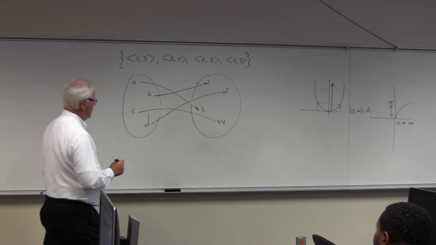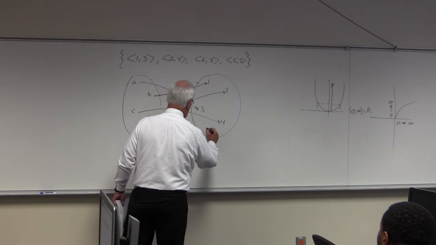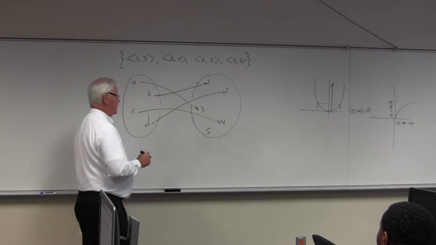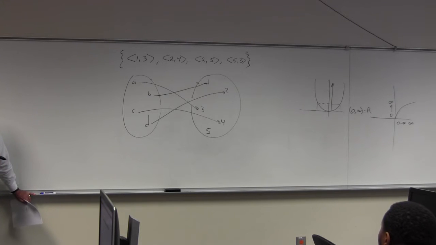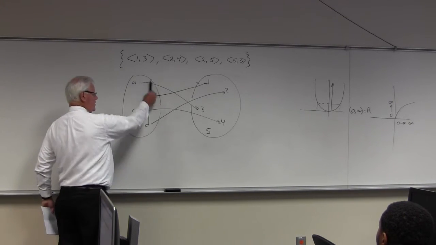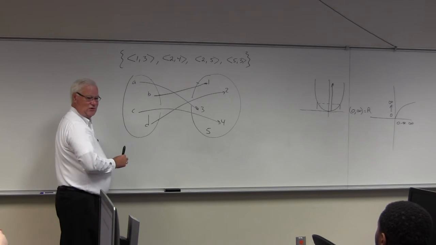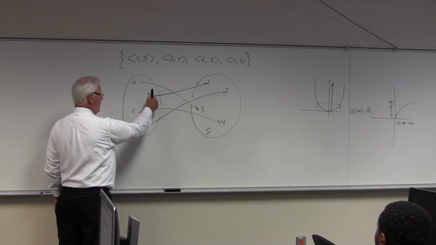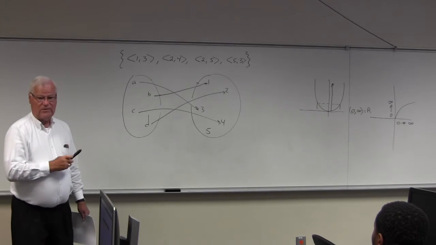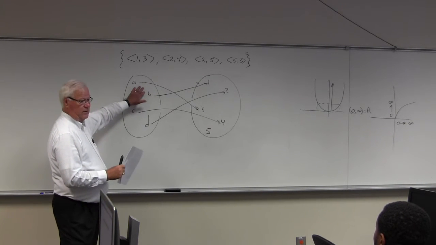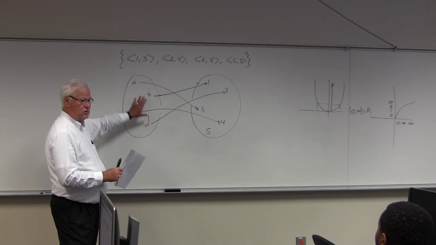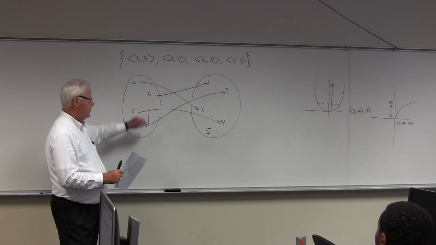In fact, let's just put another value in here. Now, is that a function? Yes, it is a function, isn't it? And you're hopefully looking at this first to see if it's a function. Is there only one arrow coming out of each one? That's what makes it a function, right? Does every one of these have an arrow? Yes. Okay, those are the two requirements over here.